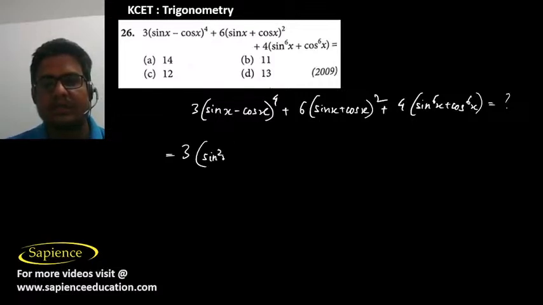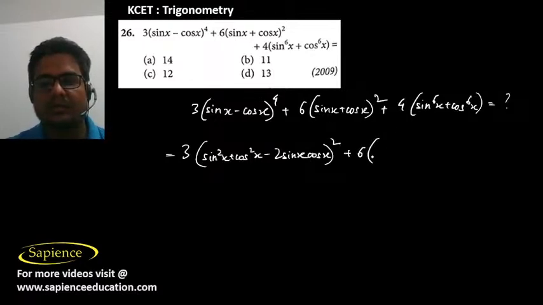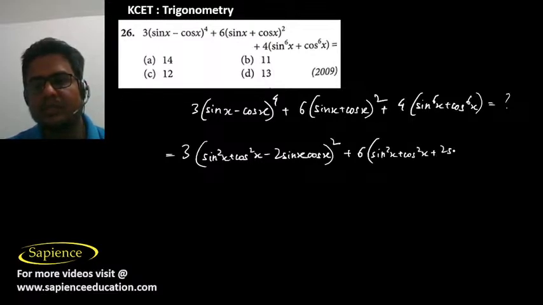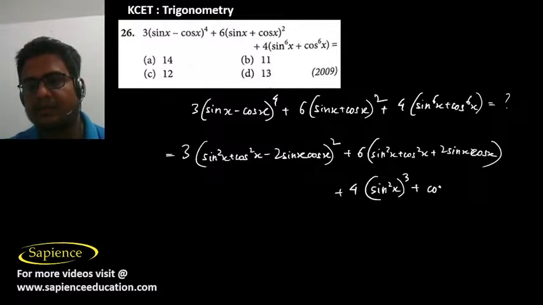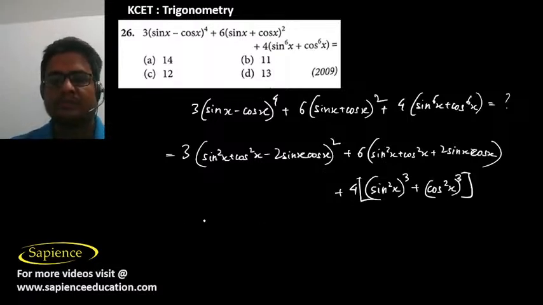So this is (sin square x plus cos square x minus 2 sin x cos x) whole square, plus 6 into (sin x plus cos x) whole square, which means sin square x plus cos square x plus 2 sin x cos x, then plus 4 into, now sin power 6 x plus cos power 6 x, so that is (sin square x) whole cube and (cos square x) whole cube. So that is equal to how much?